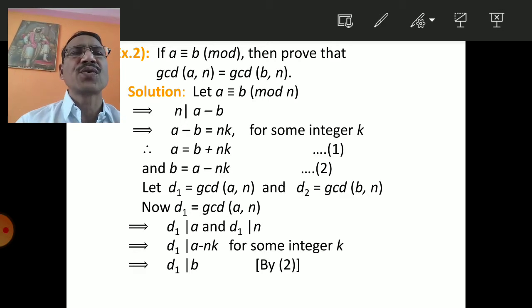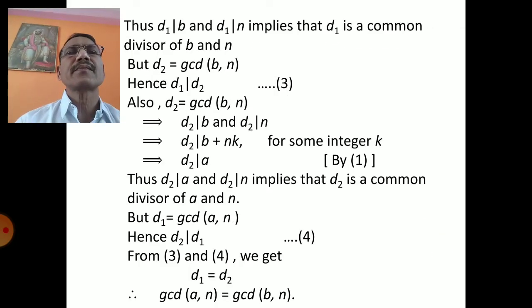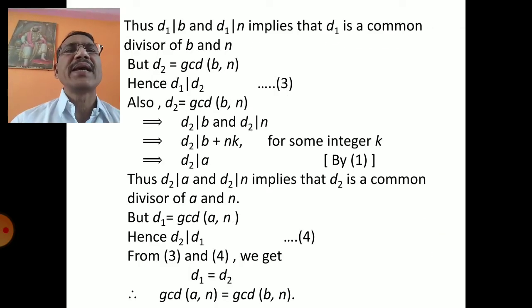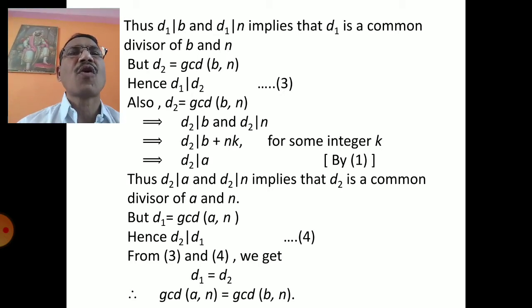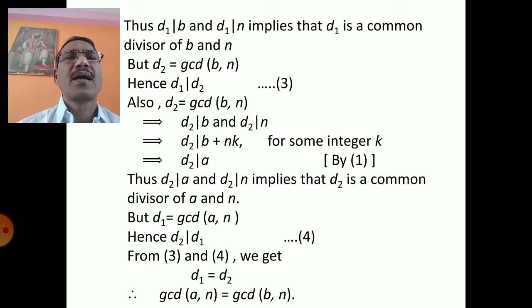Therefore d1 divides b. Thus d1 divides b and d1 divides n, which implies that d1 is a common divisor of b and n. But d2 is the greatest common divisor of b and n, therefore d1 divides d2.